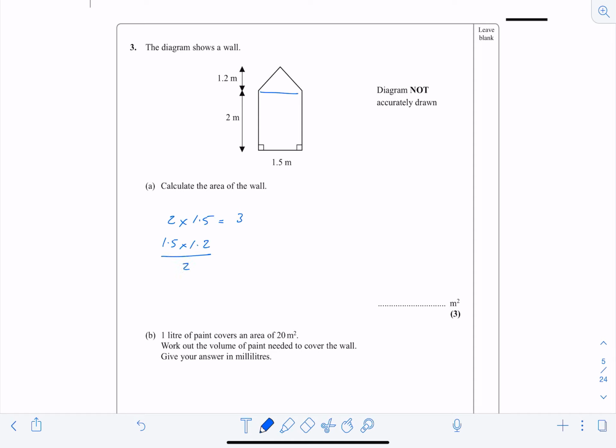It's the area of a triangle, base times height divided by 2, which is going to be, get my calculator out, 1.5 times 1.2 over 2 is 9 over 10, or 0.9. The area of the wall is going to be those two added together. 3 plus 0.9 equals 3.9.